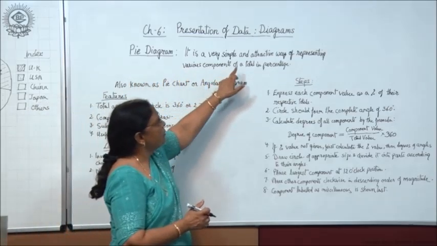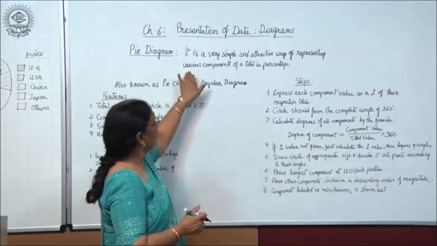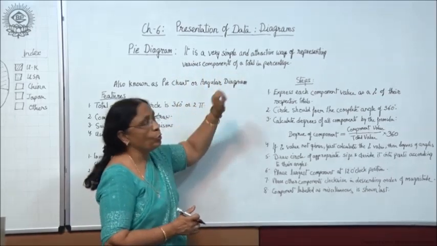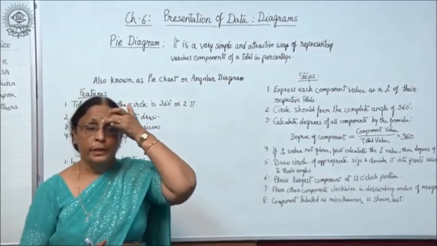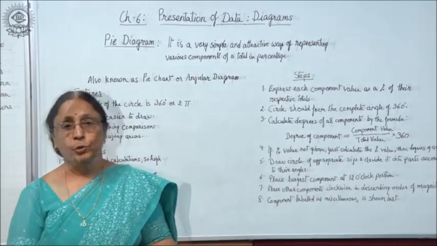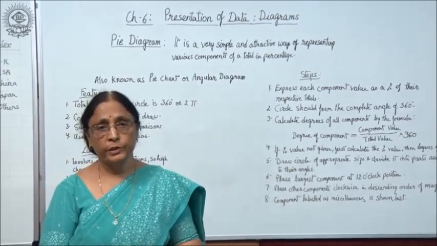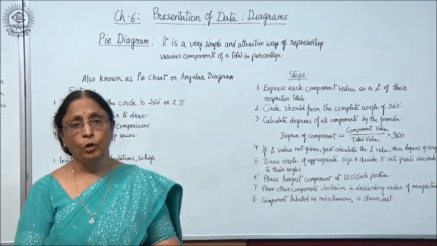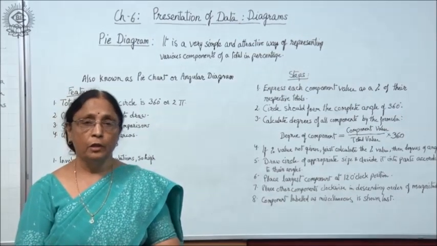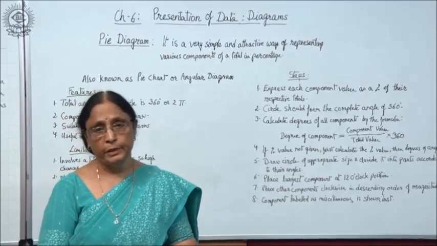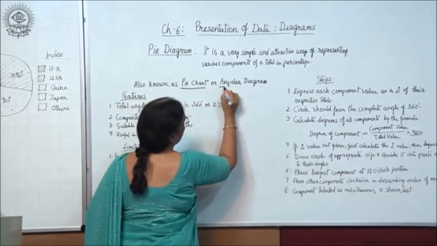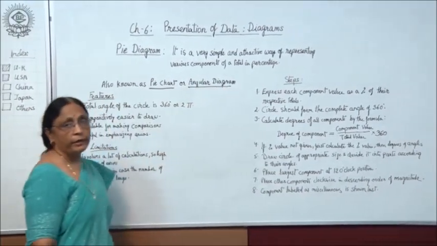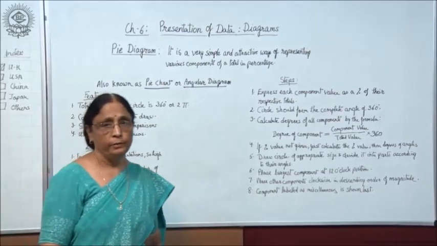It is a very simple and attractive way of representing various components of a total in percentage. It is shown on the basis of percentage, a very simple and attractive way of showing the data. So it is also known as an angular diagram or pie chart, right?